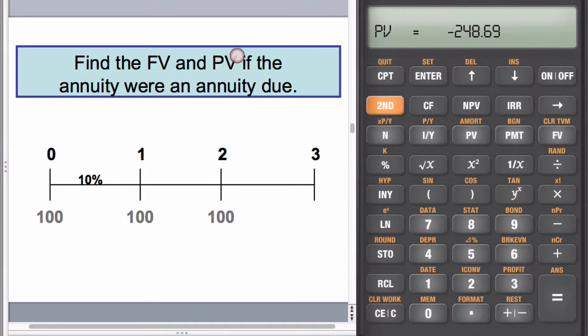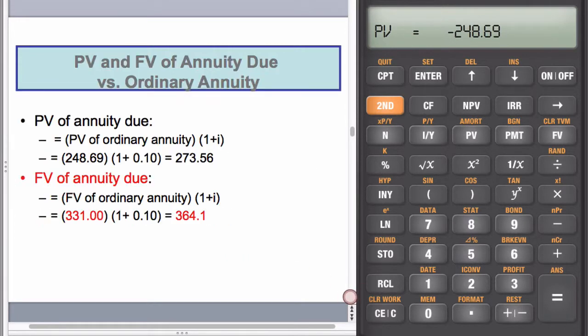What would the present value and future value be if it was an annuity due? As I mentioned, you have the $100 deposits at the beginning of the time period. There are two ways to look at this.